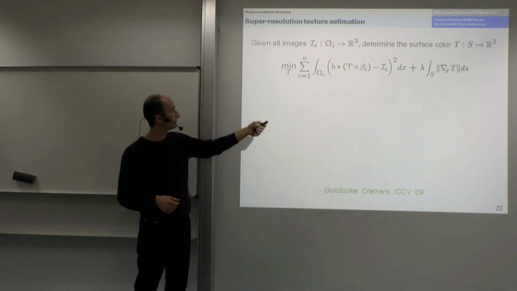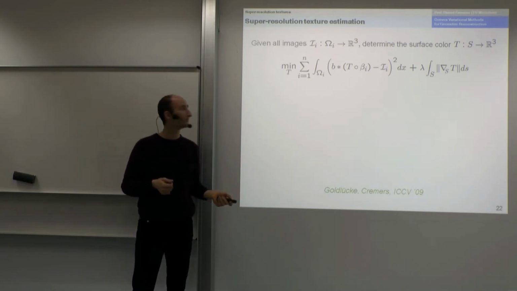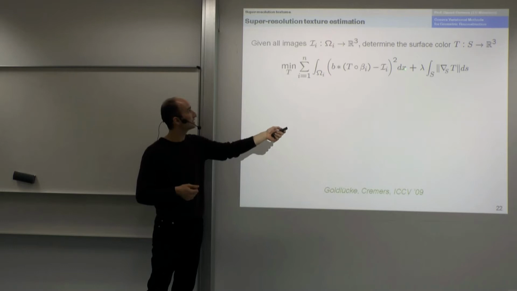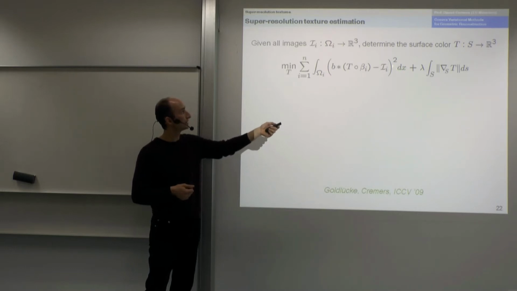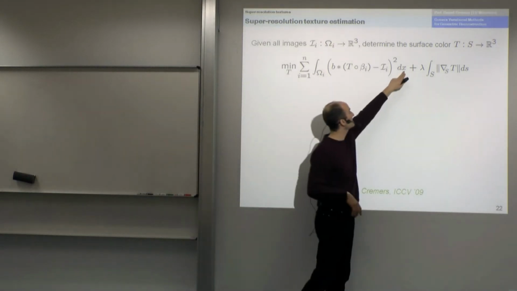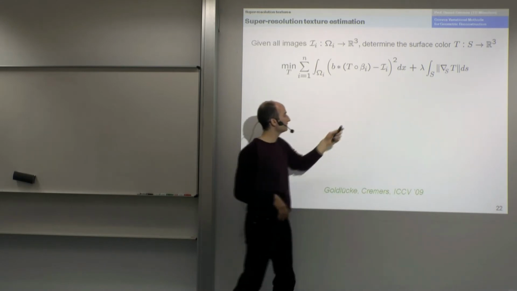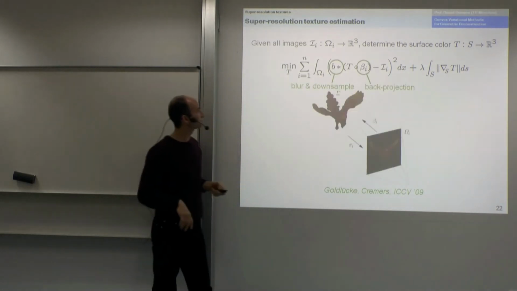The color on the surface should match the different colors in the images. For every pixel x in the image, the color at pixel x should be consistent with the color on the surface. The only thing is that, of course, x is defined in the image plane omega I, whereas the color is defined on the surface.